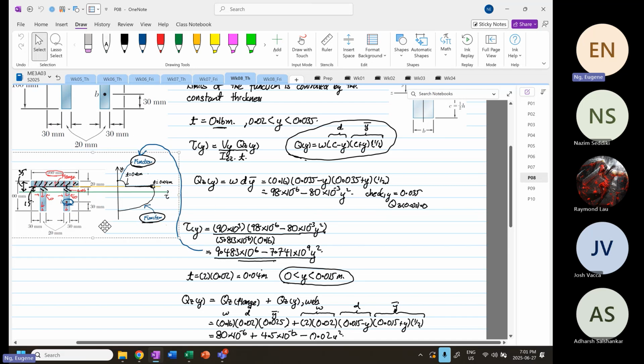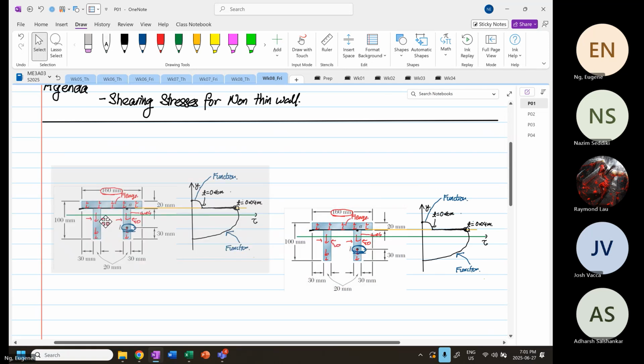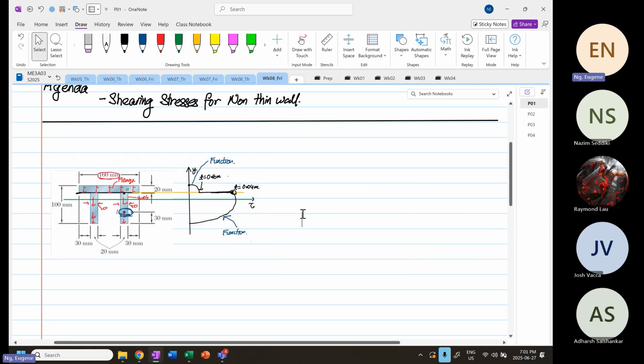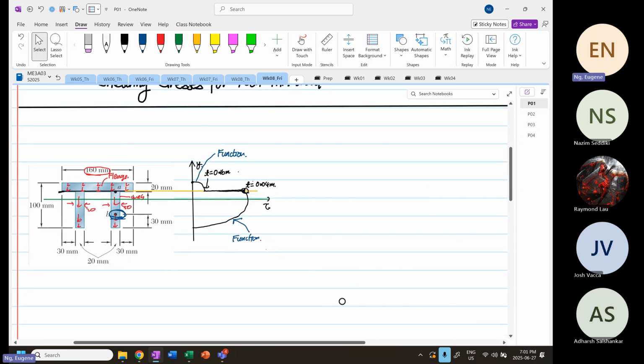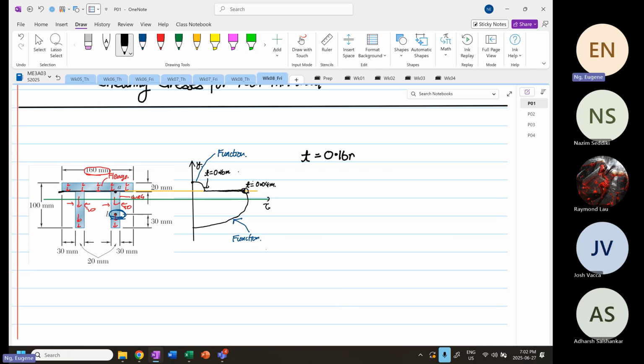We have this diagram over here, which I'm going to bring across. You can see over here, we need two functions which we have developed. The first function is when the thickness, just to quickly recall, is 0.16 meters, and the limits range from 0.015 y, and it goes up to 0.035.